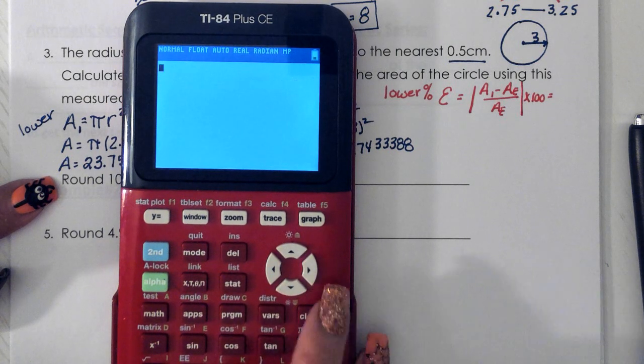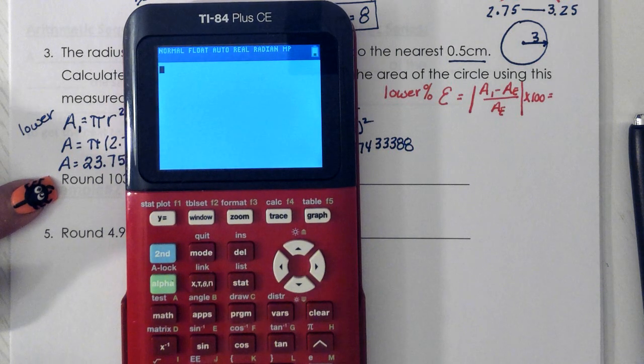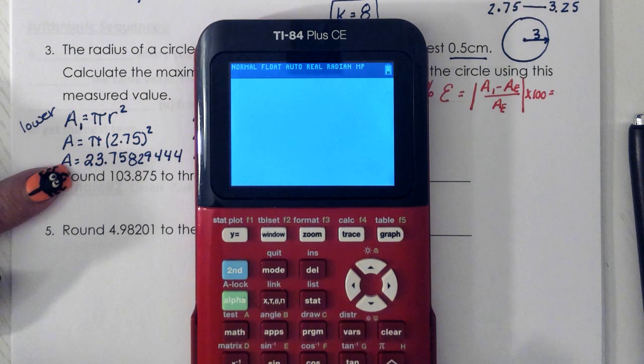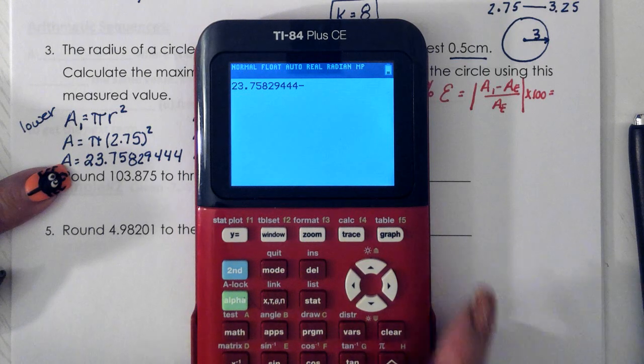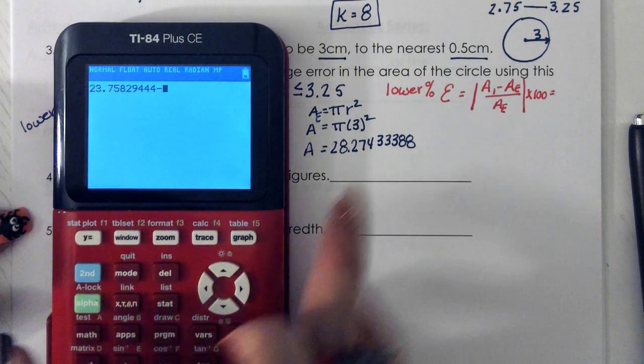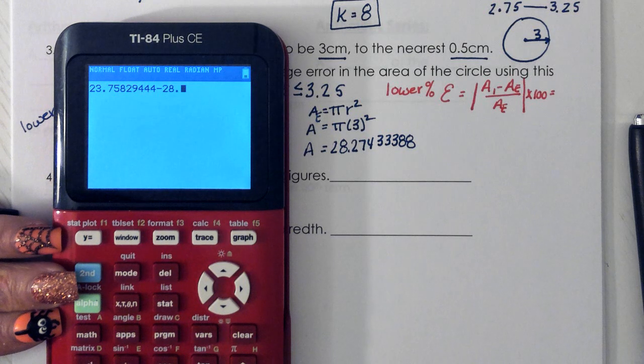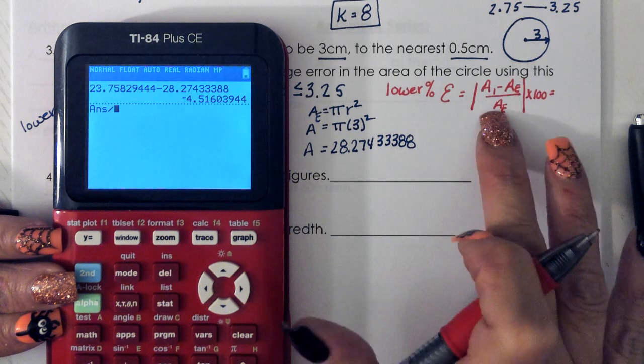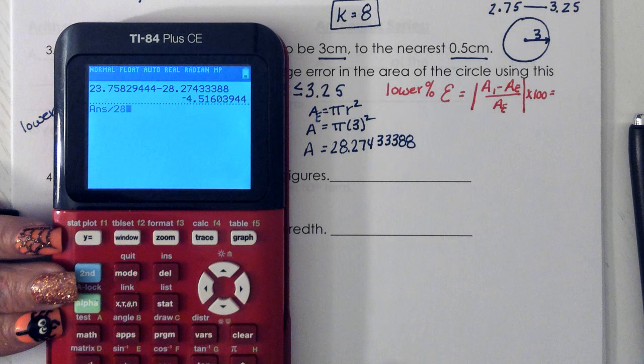Okay, so here we go. We're going to do the lower boundary. 23.7582944 minus this one right here, 28.2743388, and we're going to divide that by 28.2743388 again.